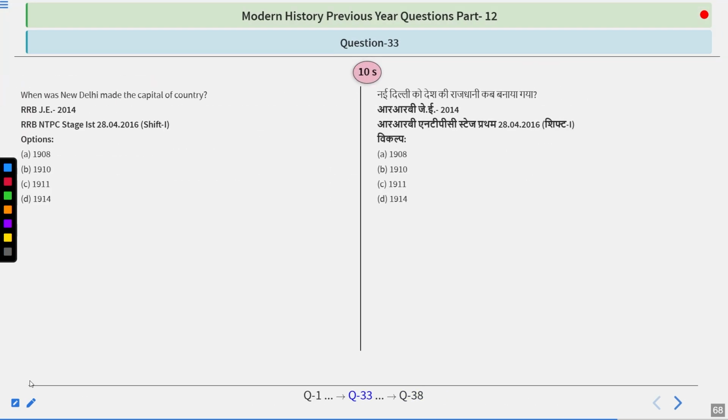When was New Delhi made the capital of the country? 1908, 1910, 1911, 1914. Take your time. And I guess again you have figured out the answer, because this is a simple question.